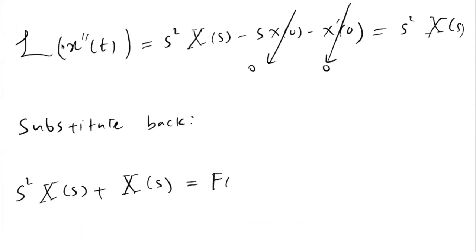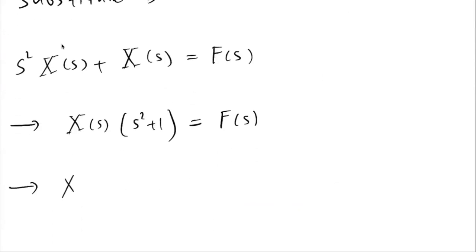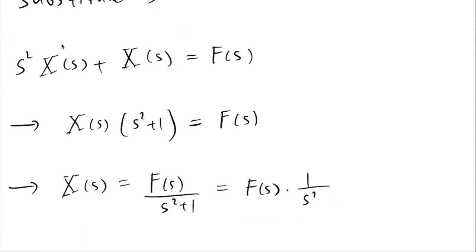The right-hand side was capital F of s. Now if I simplify, capital X of s times s squared plus 1 will be capital F of s. And this means capital X of s will be capital F of s over s squared plus 1. It can also be written as capital F of s times 1 over s squared plus 1.